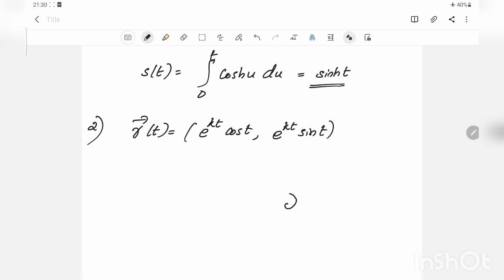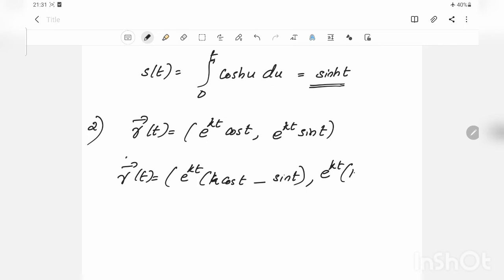Here gamma dot of t is equal to (e raised to kt times (k cos t minus sin t), e raised to kt times (k sin t plus cos t)), where sin t is the derivative of cos t.